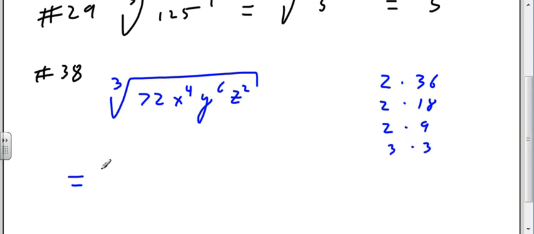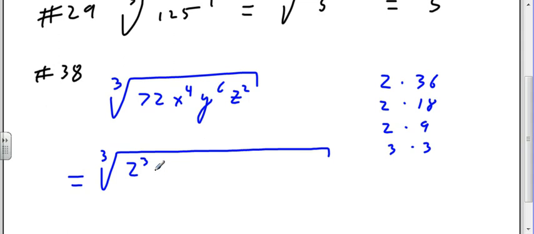All right, so I've got the cube root of 2 cubed times 9 times x cubed times y squared cubed times z squared.